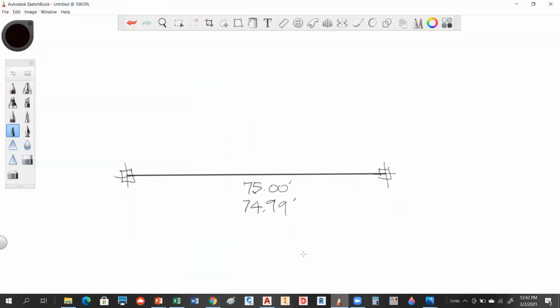When we're out here doing this taping, first off, you have to make sure that you hold the tape horizontal, all that kind of stuff. I guarantee you guys will try to do slope distances. I can almost tell you that directly, you will measure a slope distance if you're not careful. The other thing is the temperature. Temperature is, let's say, 40 degrees. What are we going to have to do with this steel tape distance?